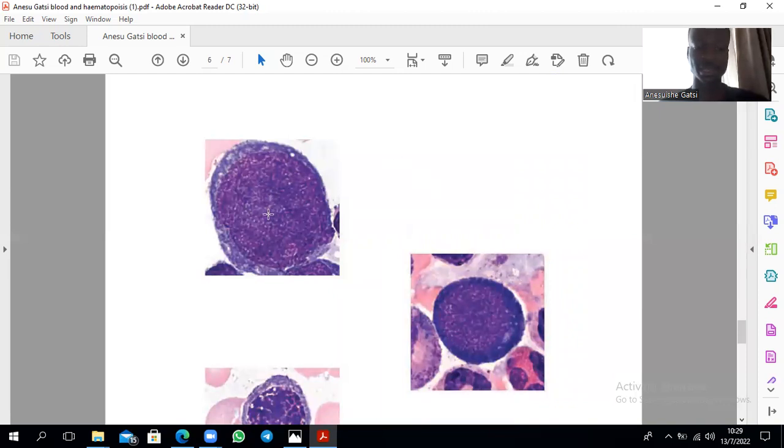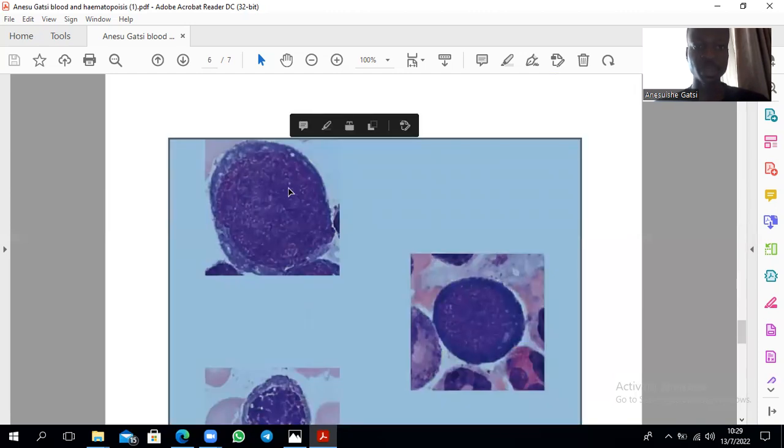Then these slides here, they show erythropoiesis. This right here, that's a pro-erythroblast or a pro-normoblast. Right. This pro-erythroblast is large, right? And it's the largest in the series that is going to follow that we're going to show you.